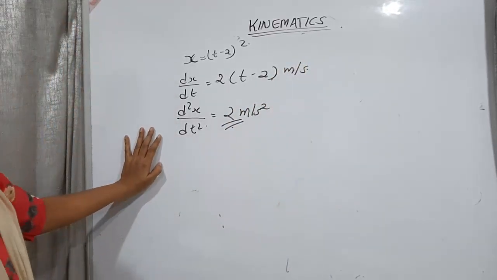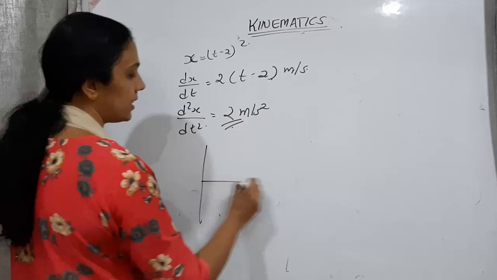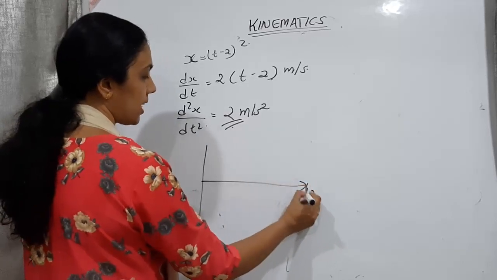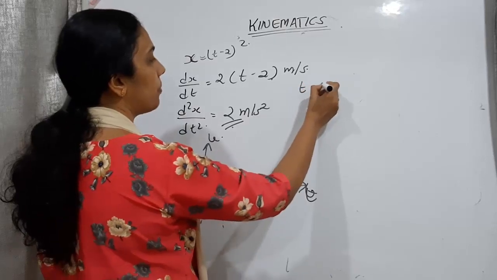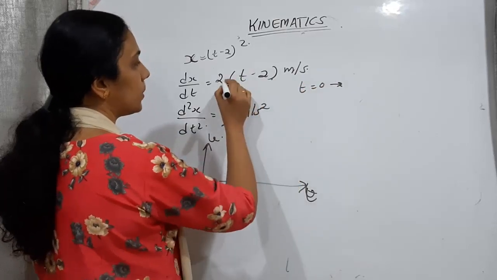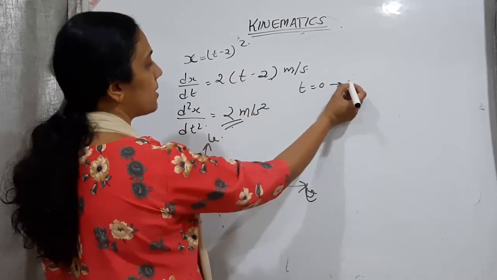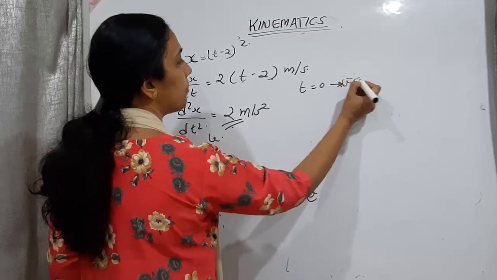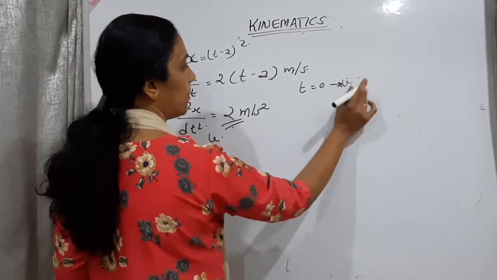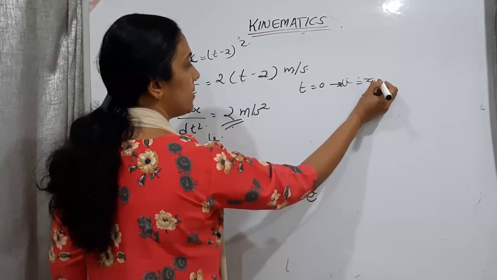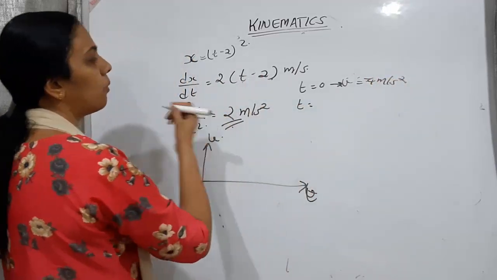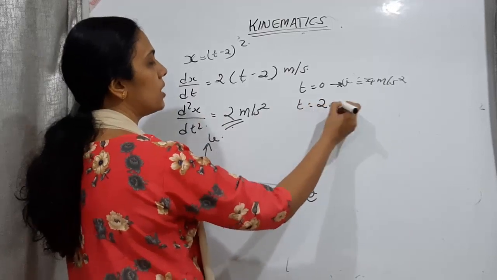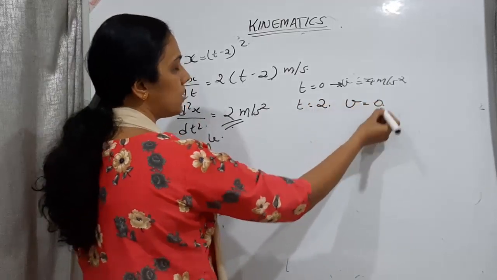Then we can draw the velocity time graph. This is time and here it is velocity. When t equals 0, what will be the velocity? At t equals 0, velocity is minus 4 meter per second. And when t equals 2, the velocity is equal to 0.